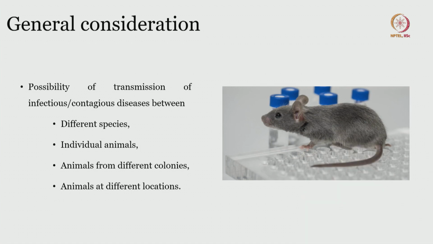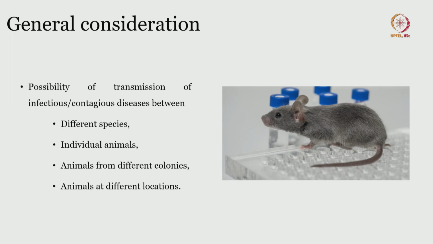So how are these transmitted between animals? It can happen that a contagious disease spreads between different species of rats or different species of mice when they are bred in the animal lab, and the transmitting agent can become contagious amongst the rats themselves. Then individual animals can carry these agents and directly transmit them to humans.